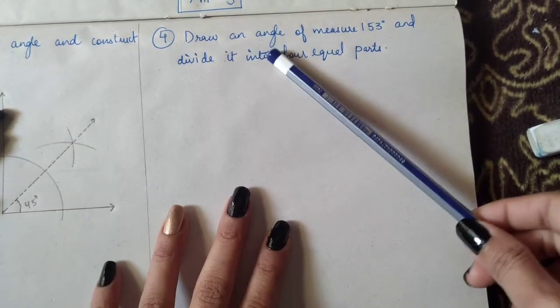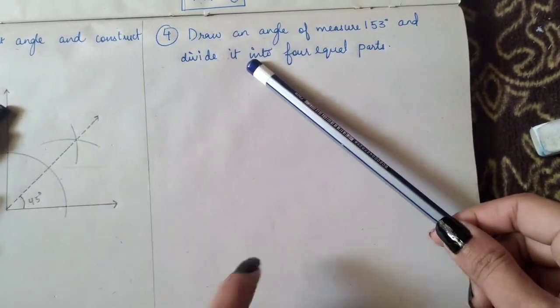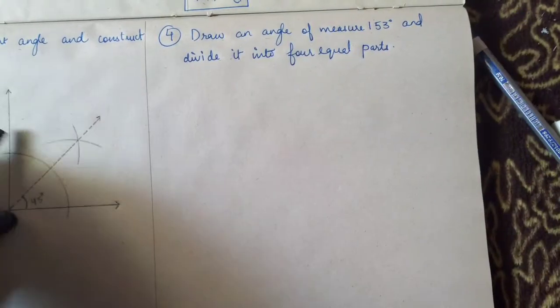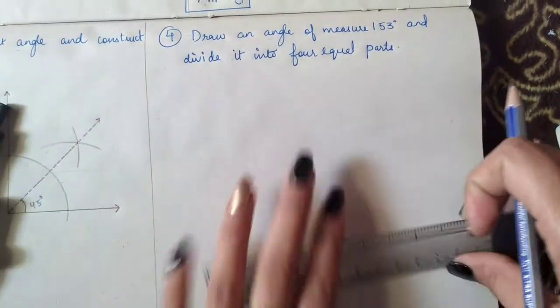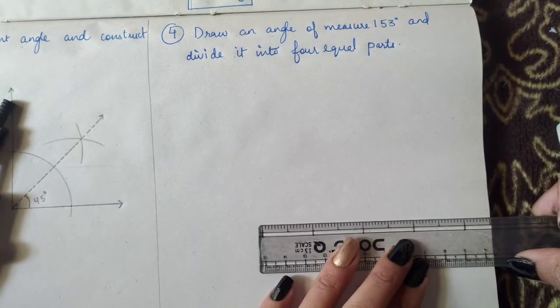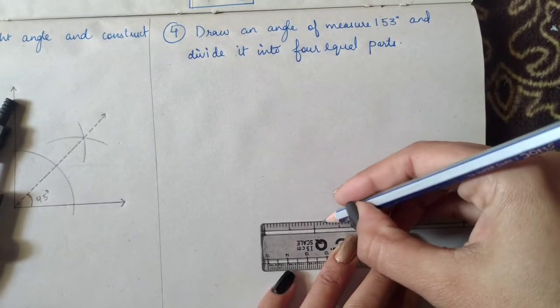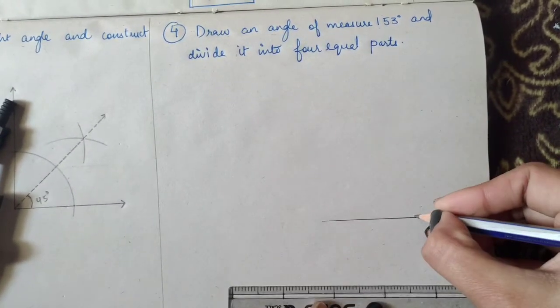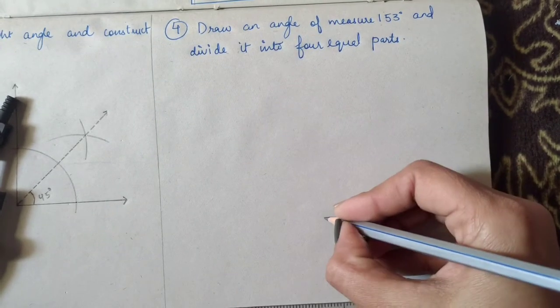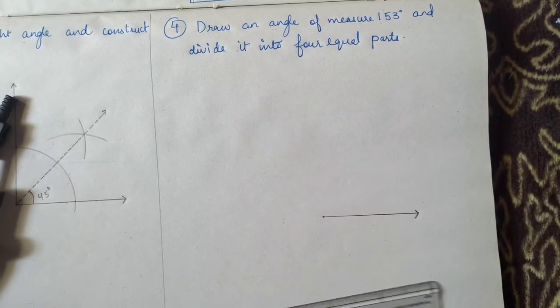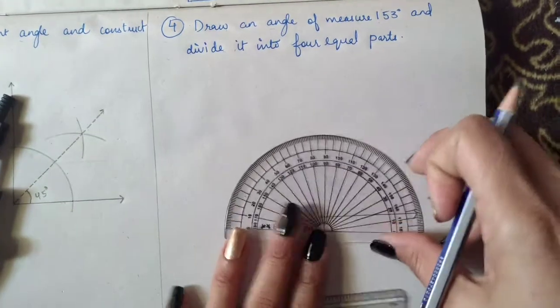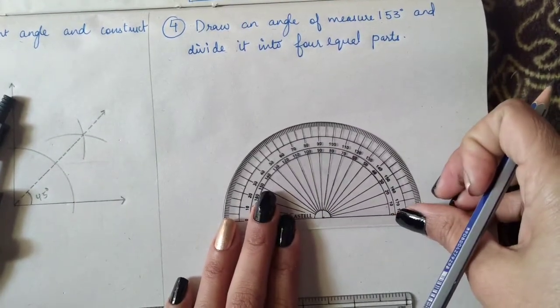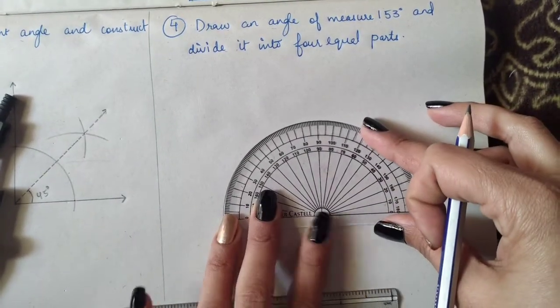So that means we will be bisecting this 3 times. We'll see how. Okay, so again we'll have an arm of an angle first, like this. That's our vertex, and then we have to draw, we'll use the protractor to draw 153 degrees.